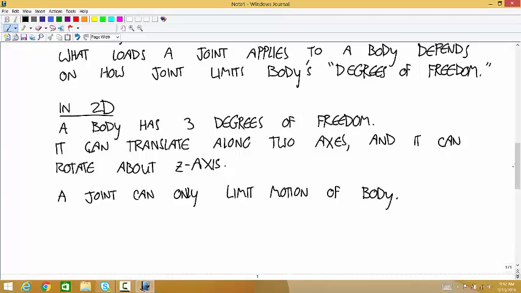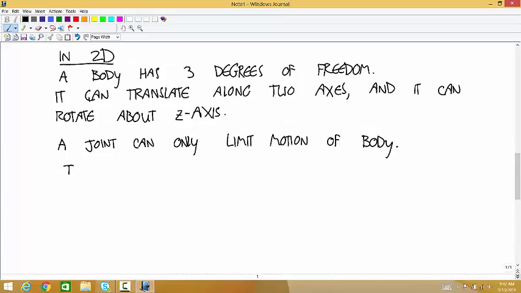So first, let's think about translation. And think of the point on the body that's connected to the joint.